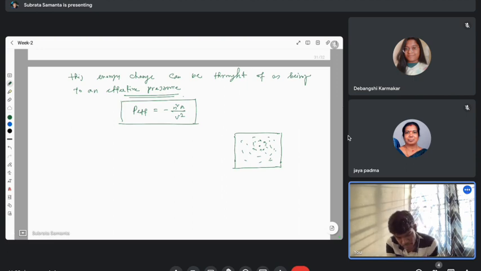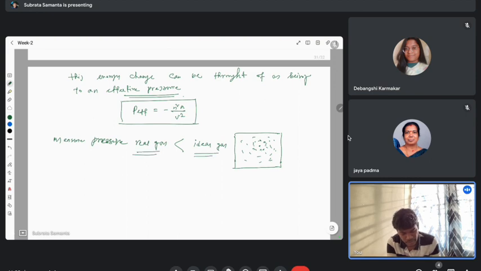The measured pressure for a real gas is lower than the ideal gas. This is due to the effective potential, which gives a negative effective pressure.